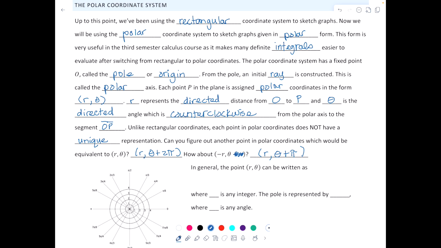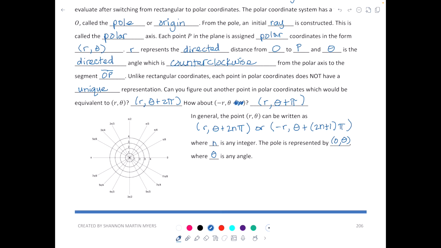So in general, the point (r, theta) can be written as (r, theta plus 2n pi), or (negative r, theta plus (2n plus 1) pi), where n is any integer. The pole is represented by (0, theta), where theta is any angle.